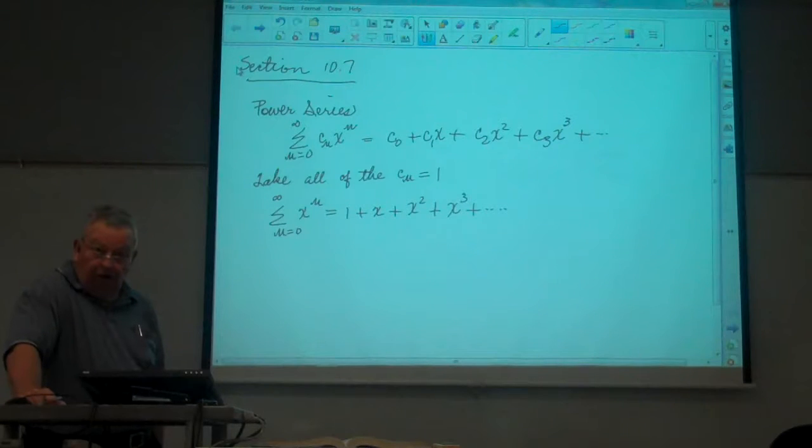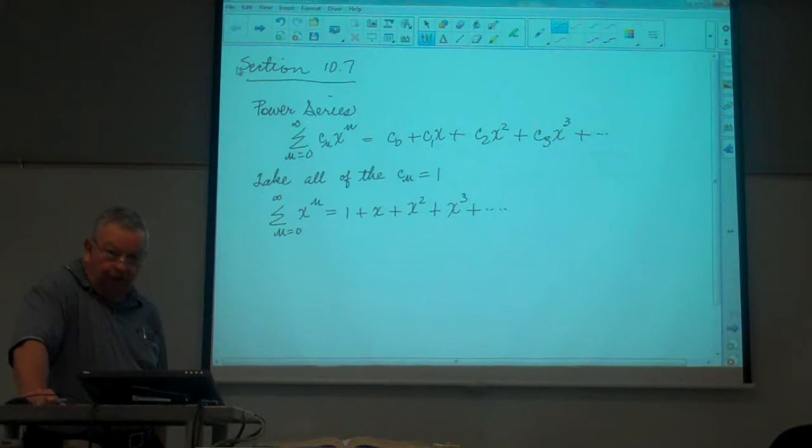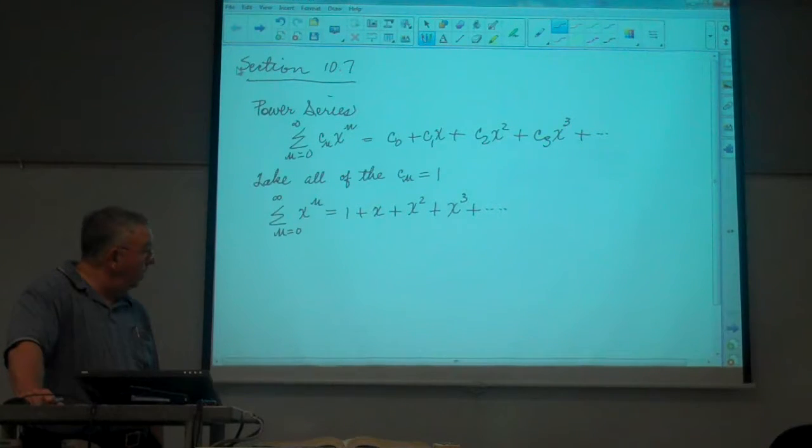Is that right? All of the C sub n was an arbitrary constant, right? Not so arbitrary as a matter of fact, but a constant. But in any event, I'm going to insist that all of those be 1. Talk about a pretty polynomial, there's one, right? Does that series converge or diverge?